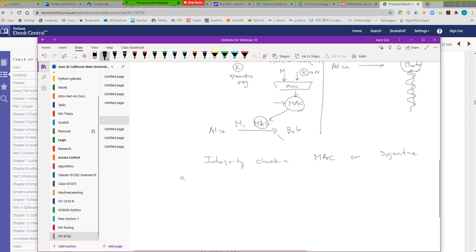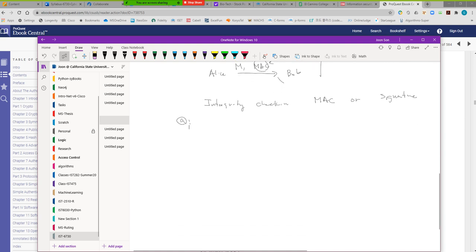You know what, for problem A, let me just change the problem. Can both the MAC and the digital signature provide integrity?